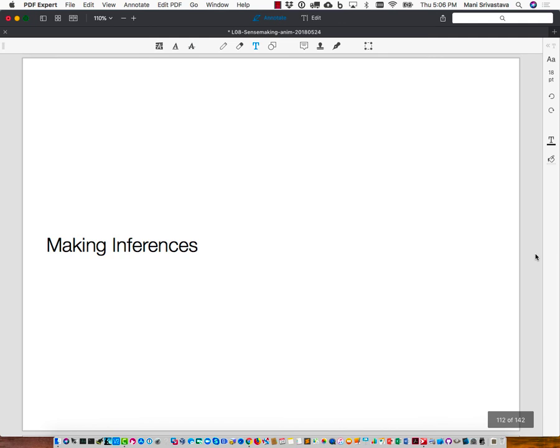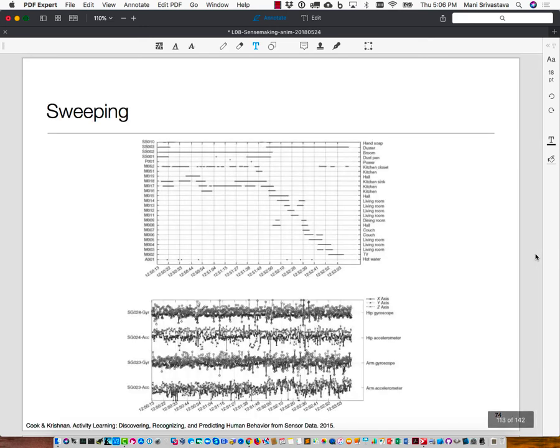Okay, so now after you have done all of this, then you come to the task of making an inference. So let's go back to that example from Washington State. I have environmental sensors, motion, door, window, stuff like that, and I have wearables.